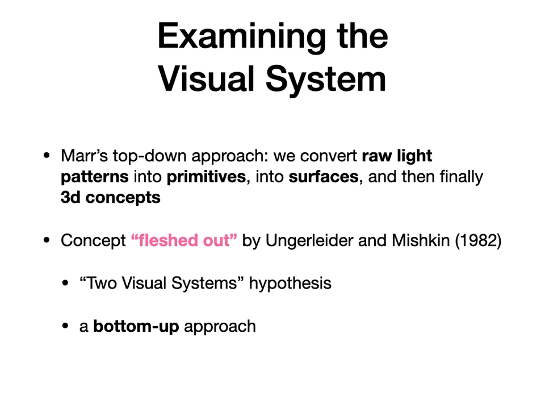Ungerleider and Mishkin come along in '82 and start fleshing this out further. They have this two visual systems hypothesis, and it's more of a bottom-up approach, right? Marr is saying, this must be how we are able to do this, because at the highest level the logic of this shows this must be possible. I'm not sure how the brain does it, but this is something the brain must be doing.